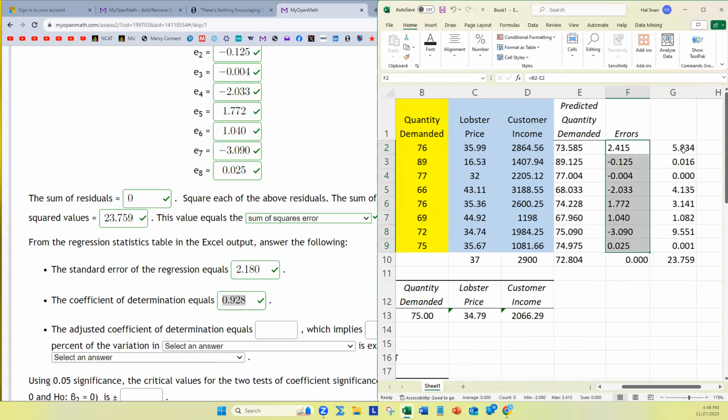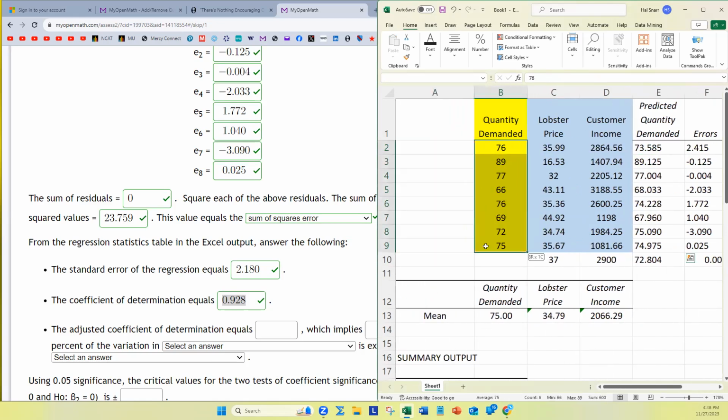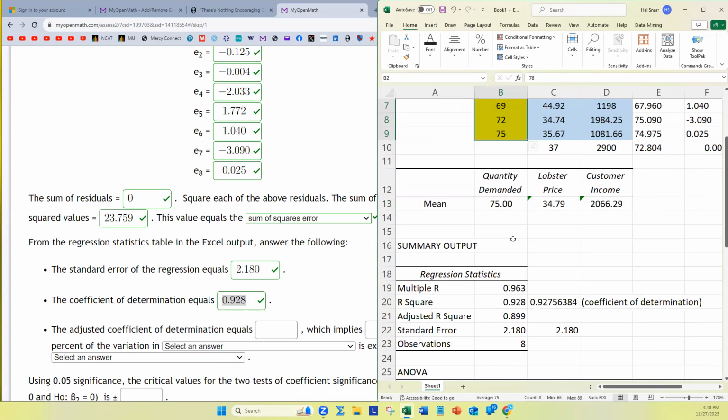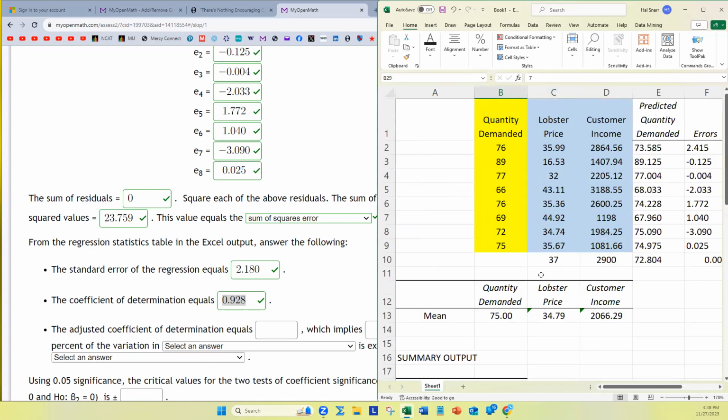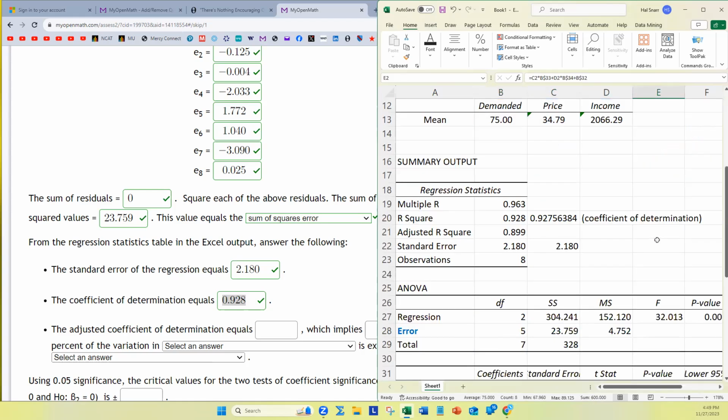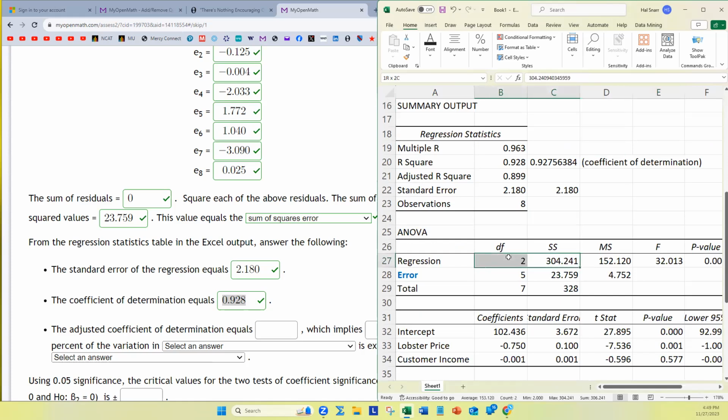If the errors are all 0, their squares are 0, the sum of squared error is 0, and the variance of this would equal the variance of that, right? So the variance of quantity demanded here is just the ratio of these two things. 328 divided by 7. The variance of the predicted values is the ratio of those two things.